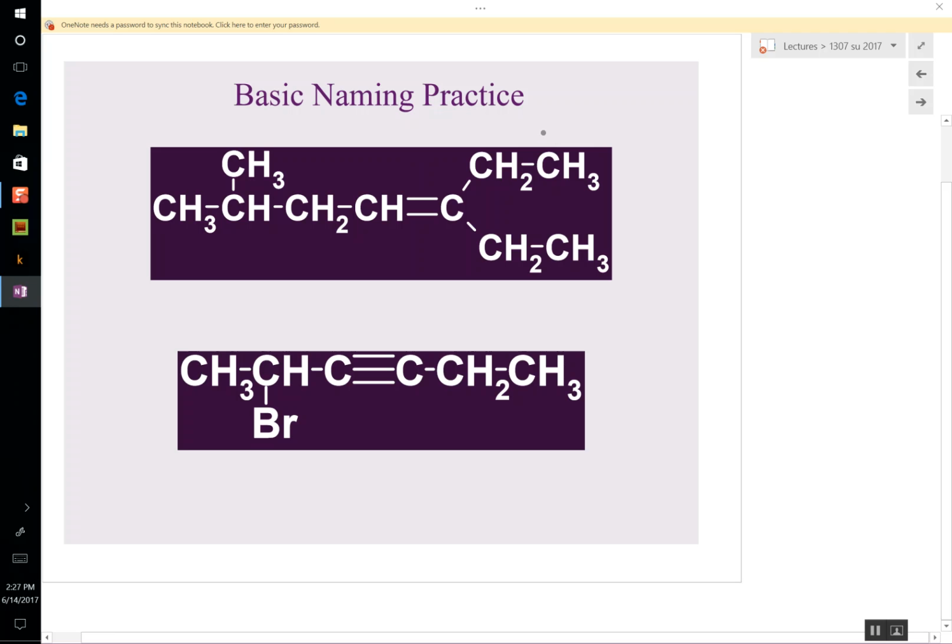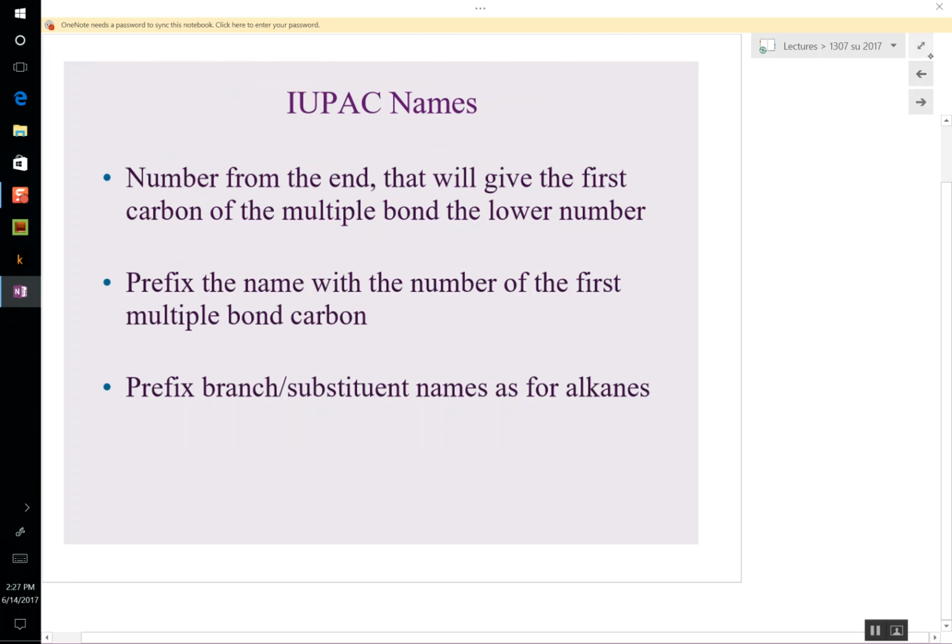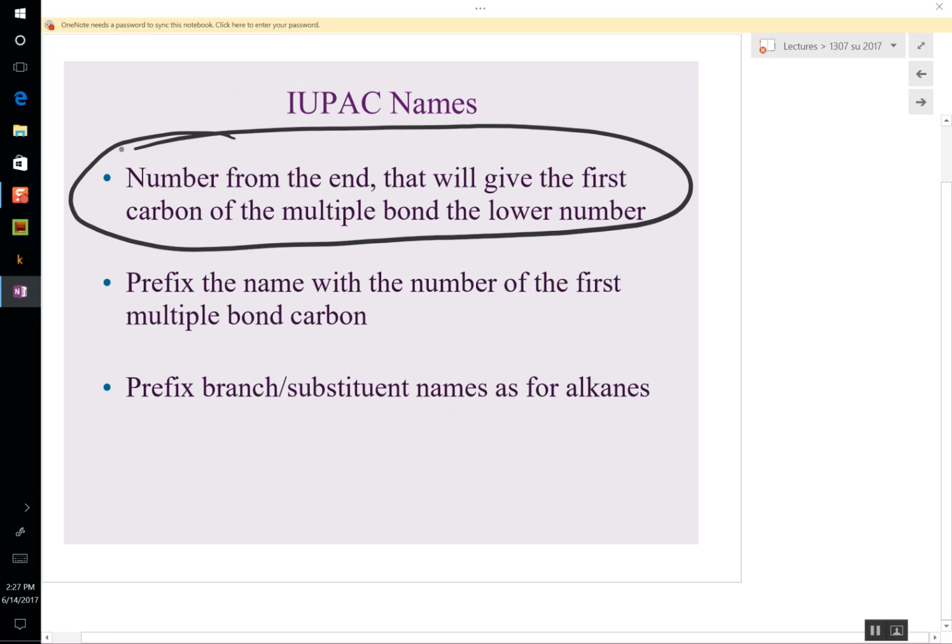Now here's one little thing. Since we're going to call this heptene, and ene is a double bond, let's see what the rule said back here. Yeah, this rule right here: number from the end that will give you the first carbon of the multiple bond the lower number.